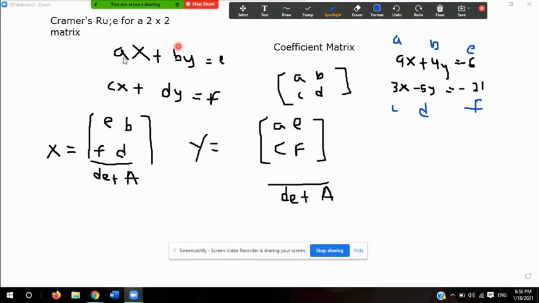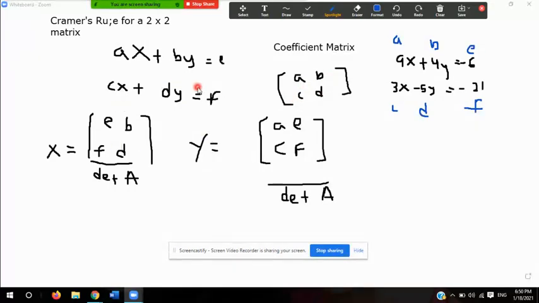For a 2 by 2 matrix, if we have a system of linear equations such as ax plus by equals e over cx plus dy equals f, we take the coefficient matrix, which is basically the coefficients a, b, c, and d, the number part of a variable, and then we find the determinant. We find the determinant of the coefficient matrix, which is a times d minus c times b.